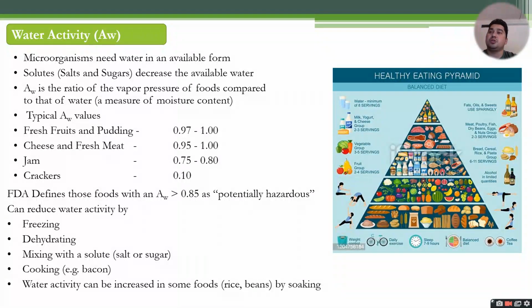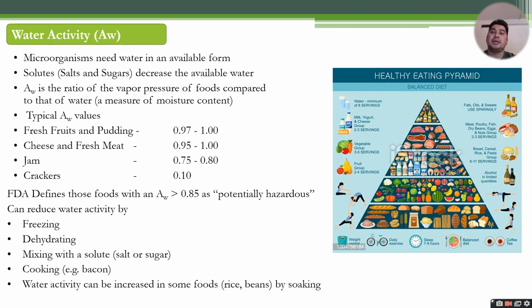Typical water activity values: fresh fruits and pudding 0.92 to 1, cheese and fresh meat 0.95 to 1, jam 0.75 to 0.80, crackers 0.10. That is the least water amount, in the crackers.